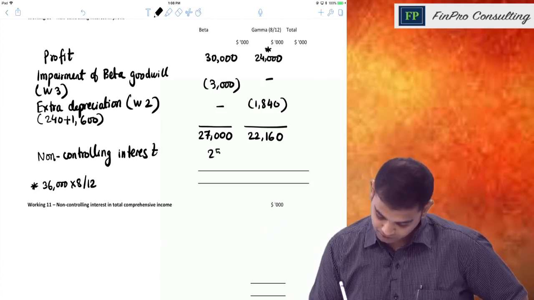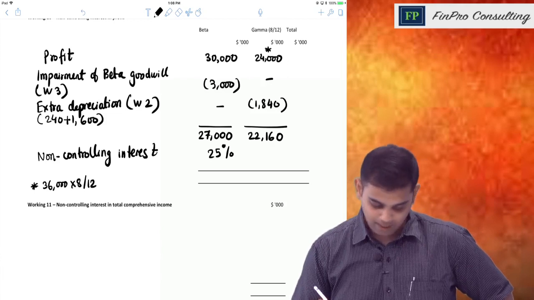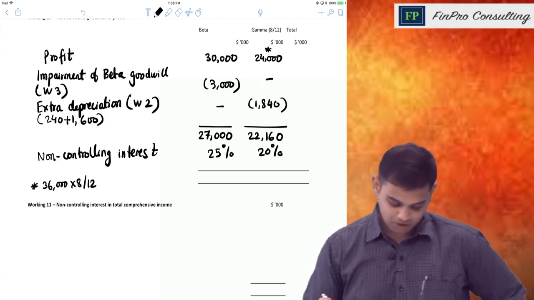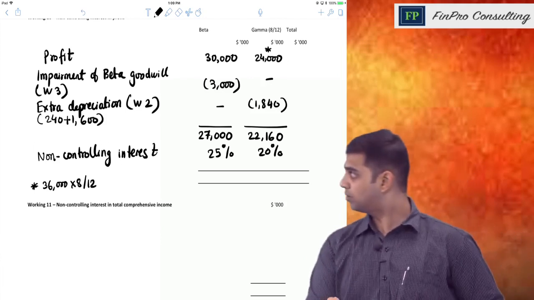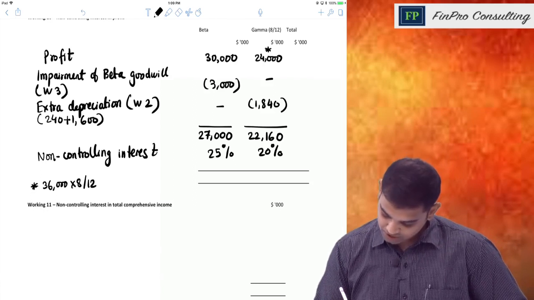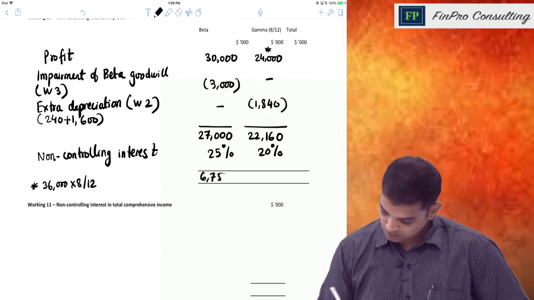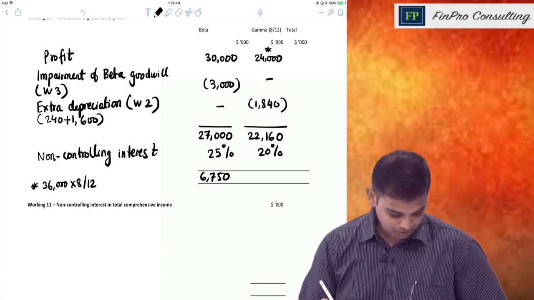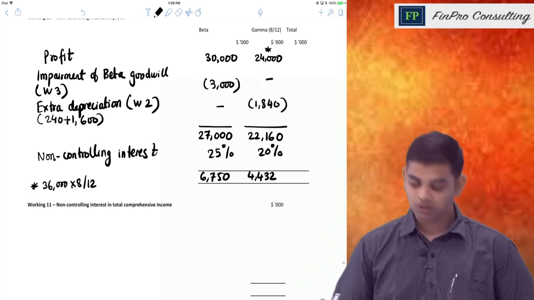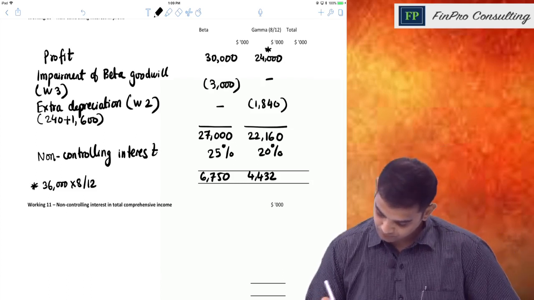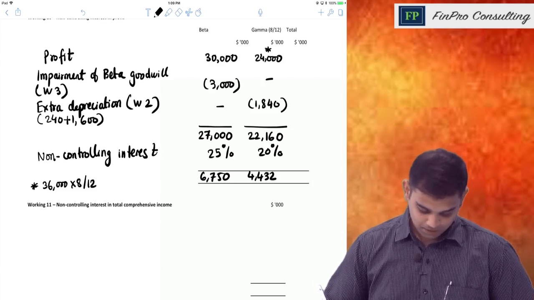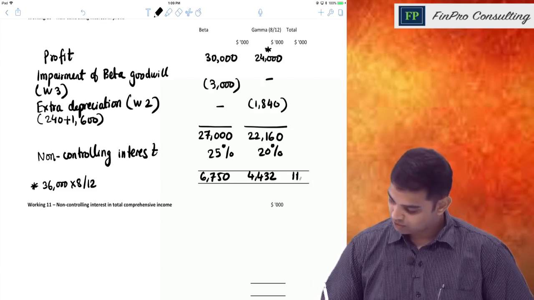And in gamma it is 20%. So what is the amount in beta and gamma? 6,750 in beta and 4,432 in gamma. So my total non-controlling interest is 6,750 plus 4,432, that is 11,182.